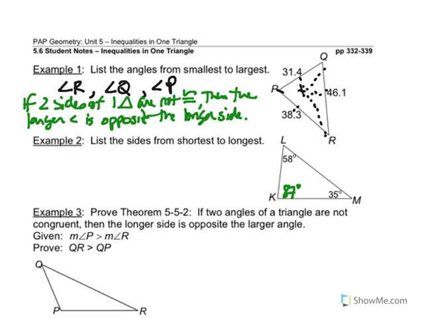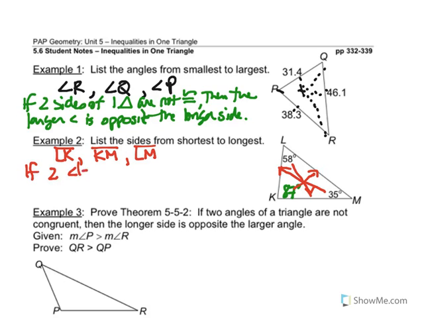So which sides are going to be smallest or shortest to longest? So we're just going to go from the smallest angle, and then the next smallest, and then to the largest. Bada bing, bada boom. So you're going to have LK, KM, and LM. So we have a theorem for that too.